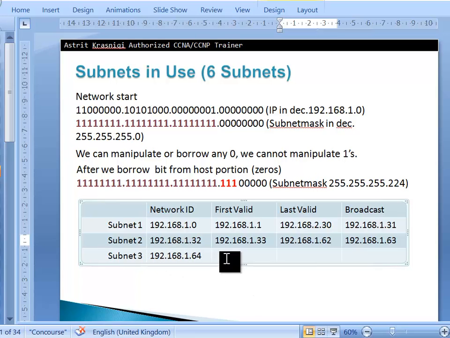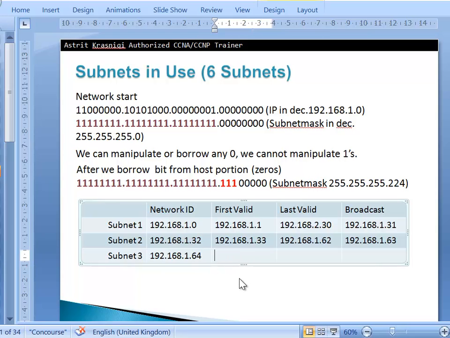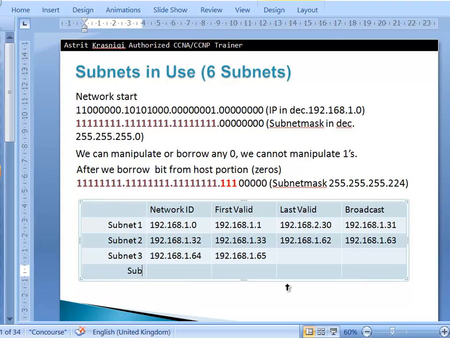Now subnet 3. Subnet 3, first valid address is going to be subnet 3 ID plus 1, which is 192.168.1.65. To find the last valid and broadcast, it's better if you find the next subnet ID, which is going to be subnet 4.